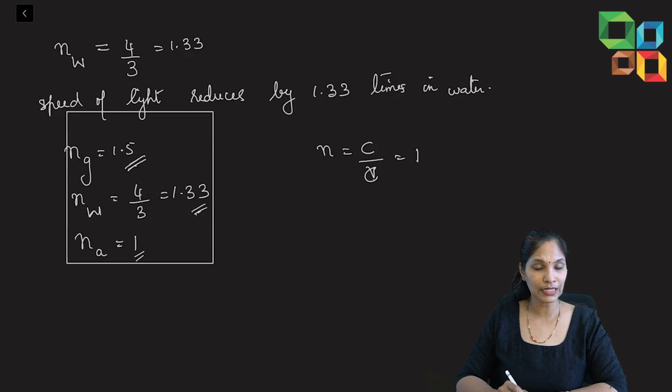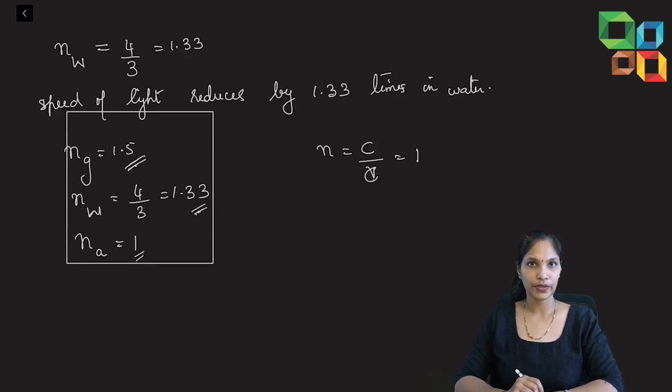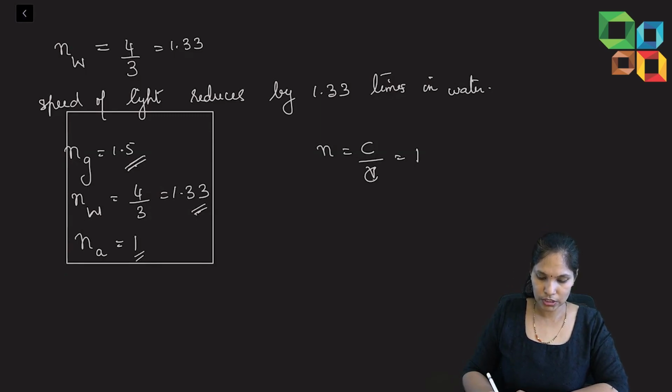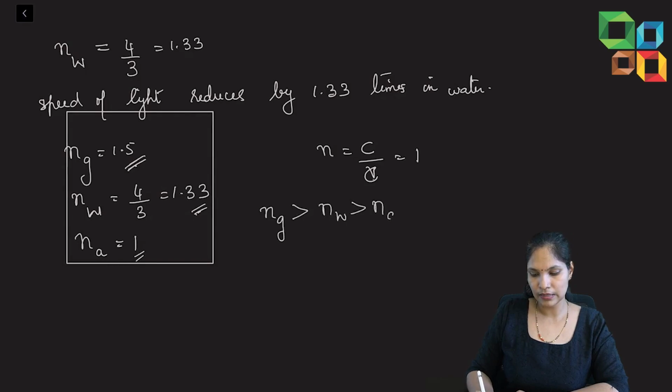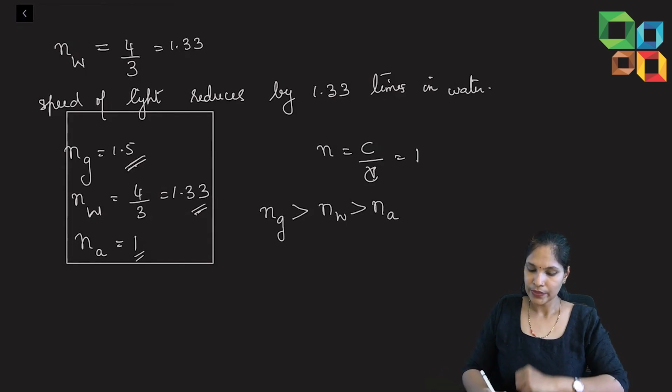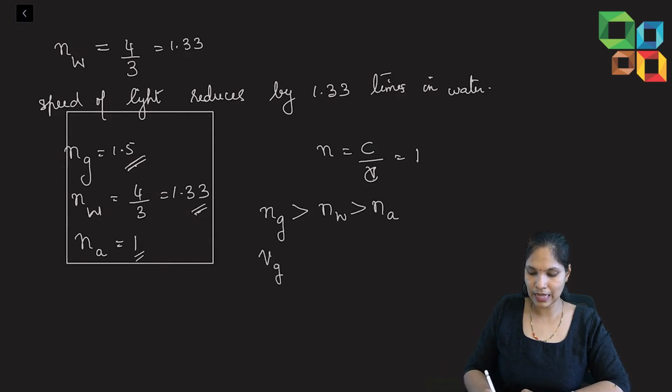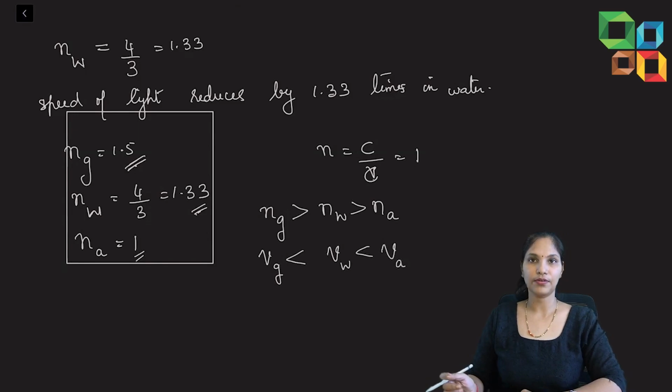So it is slower in glass than in water. Since refractive index of glass is more than refractive index of water in comparison with air, speed of light in glass will be least, then speed of light in water, and then speed of light in air.